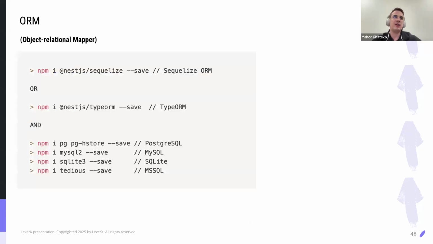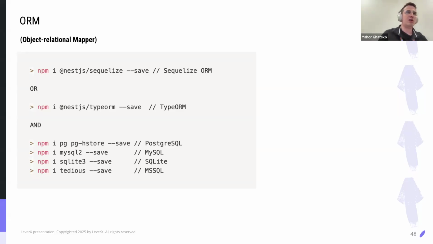Okay, and how can you install and start working with the ORM? You can just install the package. You can install native Sequelize, or you can install the Nest.js extension. The same goes for TypeORM: you can install the Nest.js package, or just TypeORM.